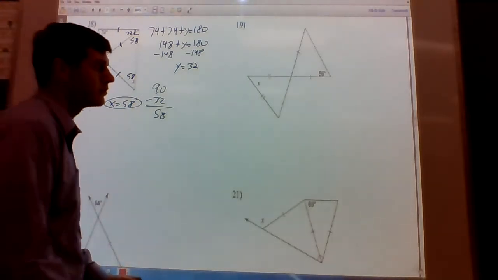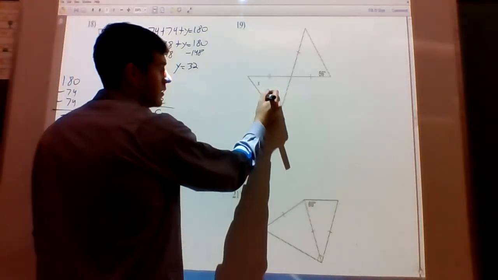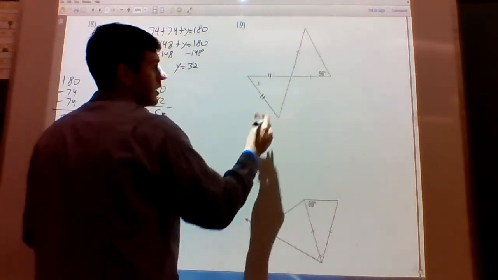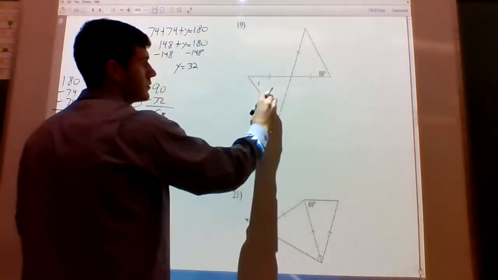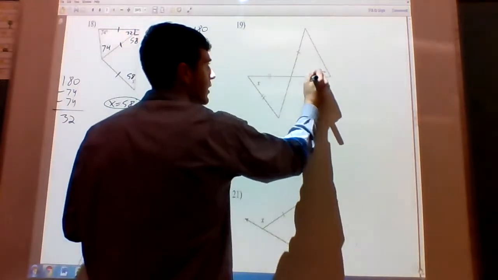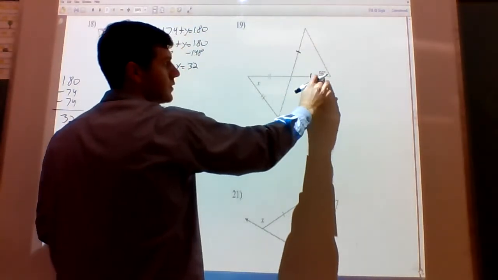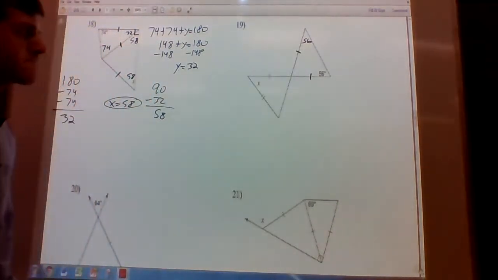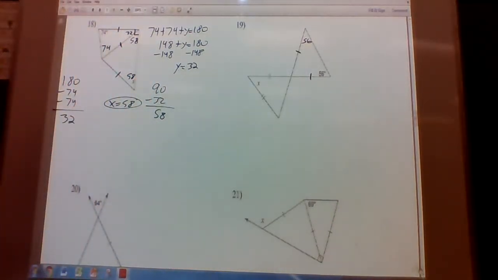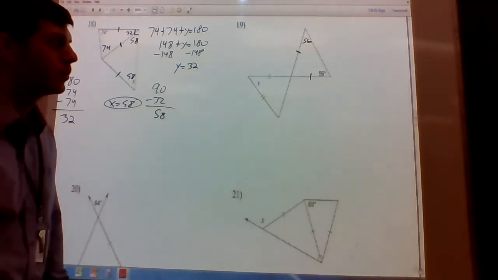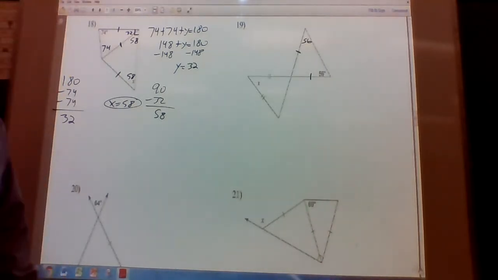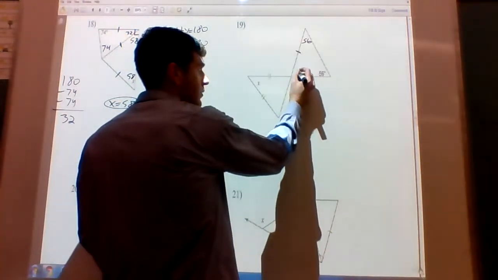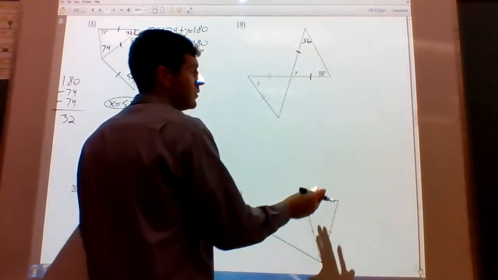Number 19. Well, let's start with the other one. We have an isosceles triangle. So if this angle is 56, the measure of this angle is also going to be 56. And again, we can do 180 minus 56, or we can put in our own variable here to represent the measure of this angle.